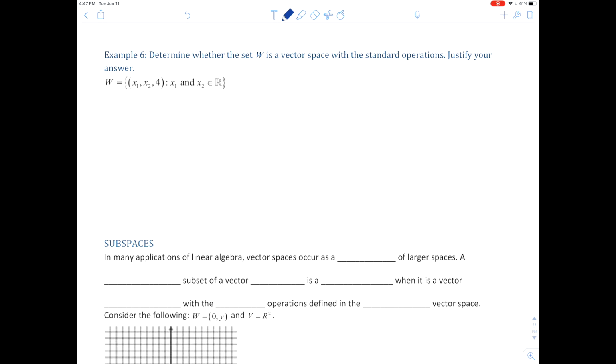So here, I don't think that this is a vector space. Why do you think that is? Well, if I wanted to provide a counter example, then what I would do is I would say something like -1, 0, 4 belongs to the set W. Would you agree that vector does? Because you can have any real number for the first 2 components as long as you have 4 for the last one.